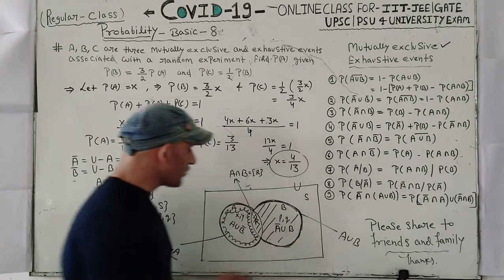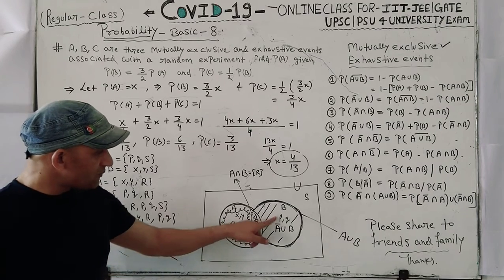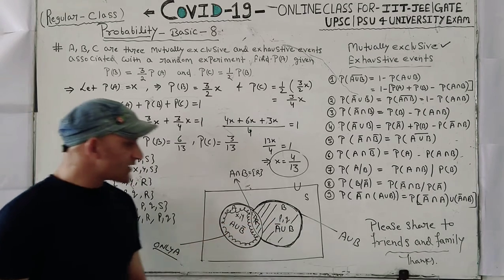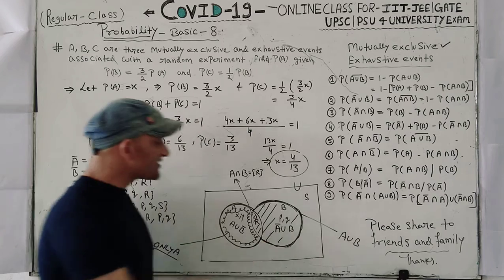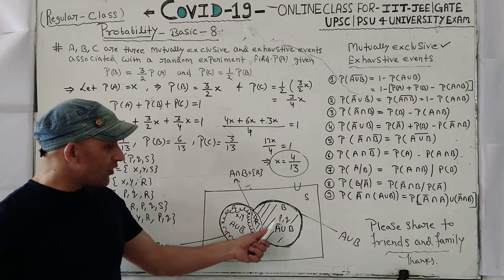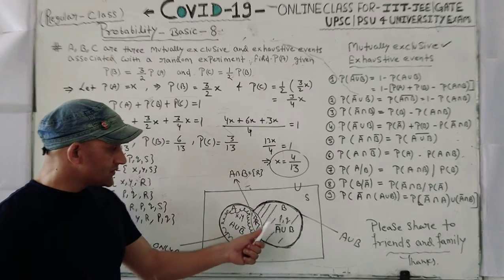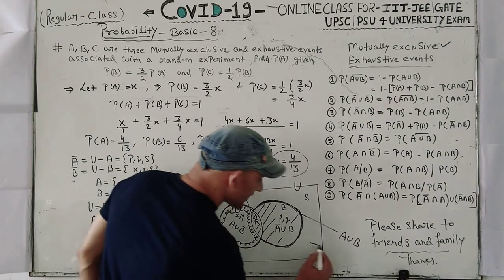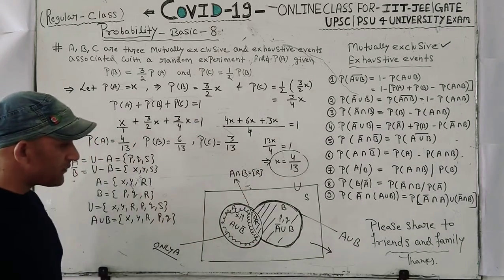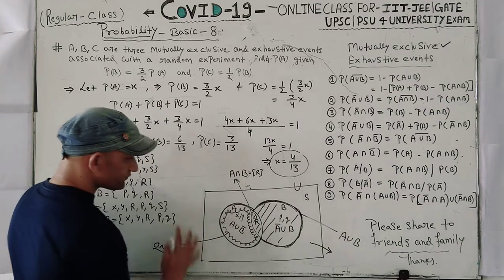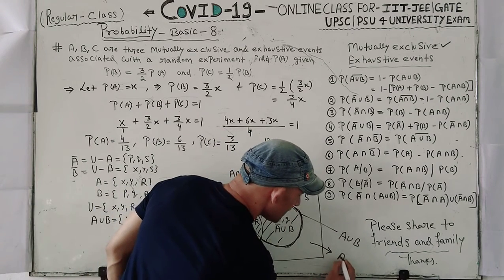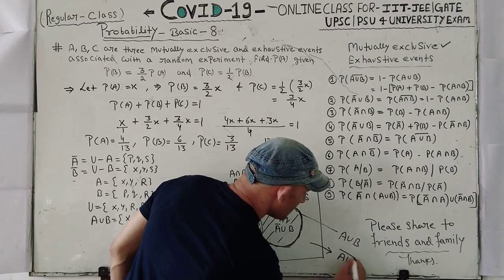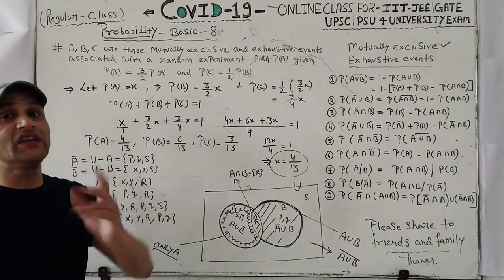In this condition you have to select X, Y, R, P, Q. These players are playing cricket match or hockey match. So that is A union B. What about the outside of A union B? How many students are not playing any game?